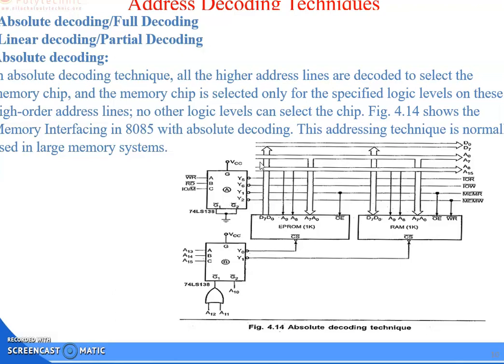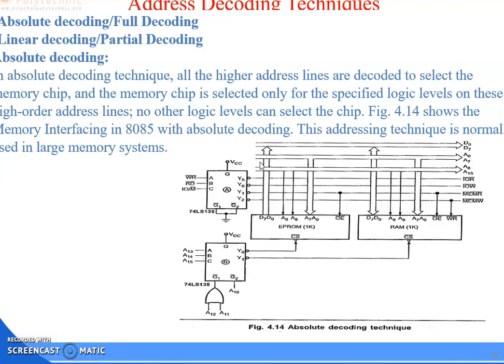In the absolute decoding technique, all the higher address lines are decoded to select the memory chip, and the memory chip is selected only for the specified logic levels on these high order address lines. So no other logic levels can select the chip.